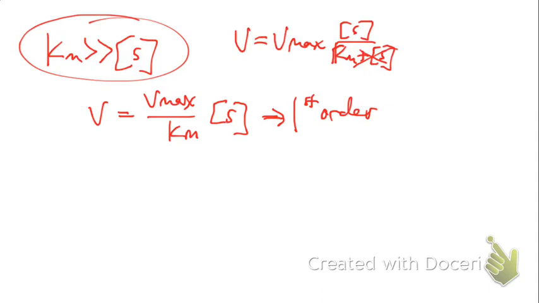And when we go back to the Michaelis-Menten and we see what Vmax is, Vmax is the catalytic rate constant, kcat, times the total amount of enzyme.